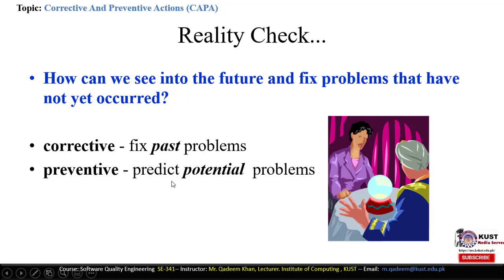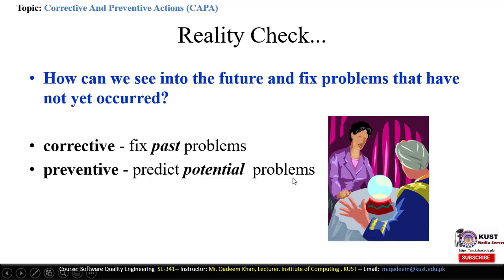So prevention is the answer to these questions: certain problems did not arise so far, but in the future those problems may arise. So preventive action is in fact used to fix the future problems that can occur in the software development.